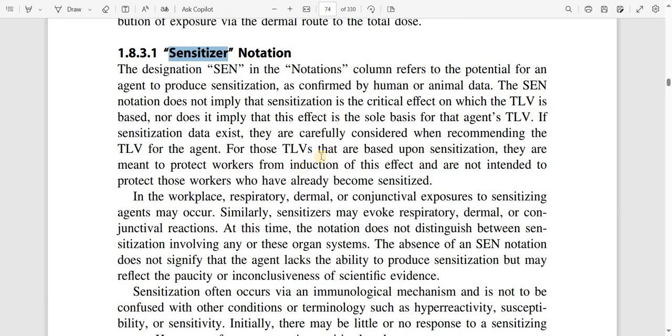For those TLVs that are based upon sensitization, they are meant to protect workers from induction of these effects and are not intended to protect those workers who have already become sensitized.